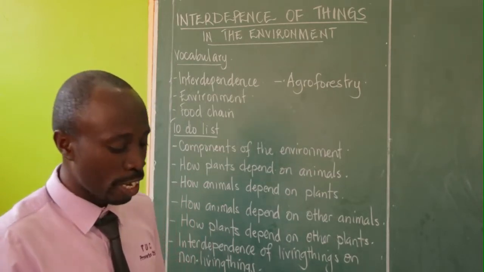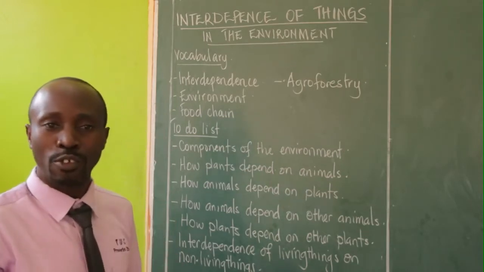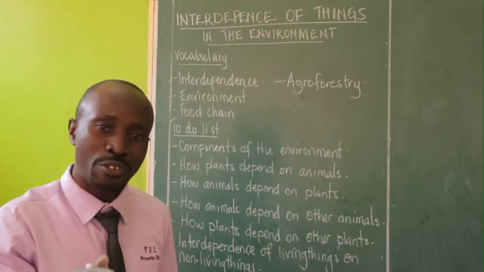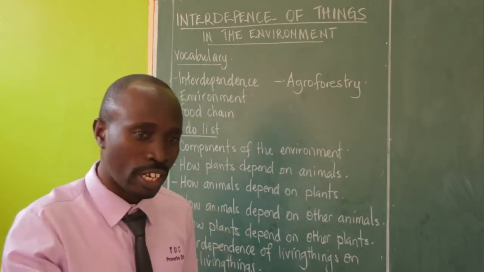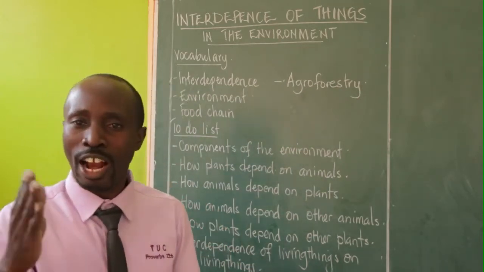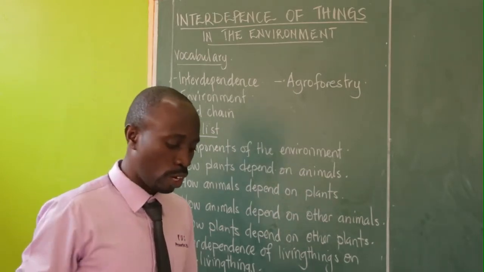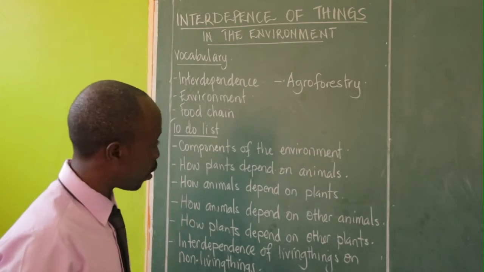They get double income. They can get income from growing crops. They also get income from selling the trees. Okay? So where crops are grown alongside trees or planting trees is what we call agroforestry.